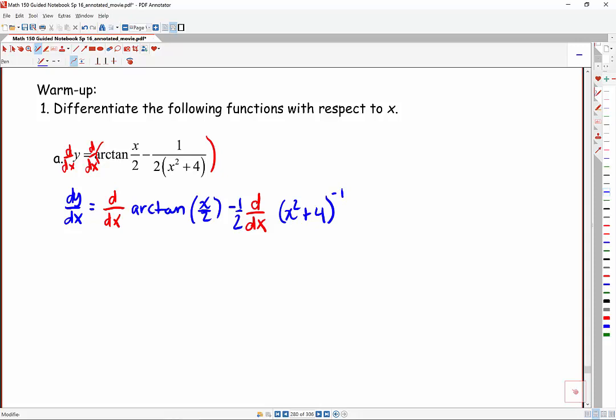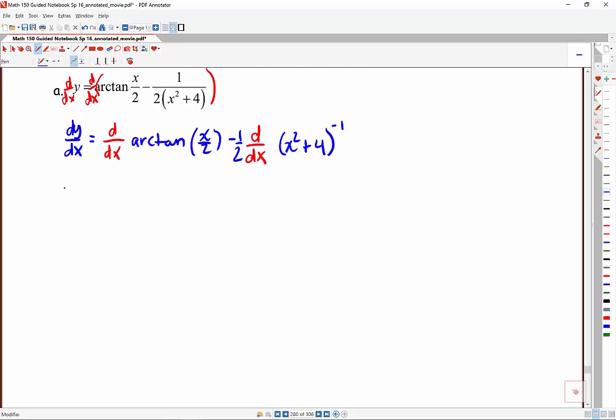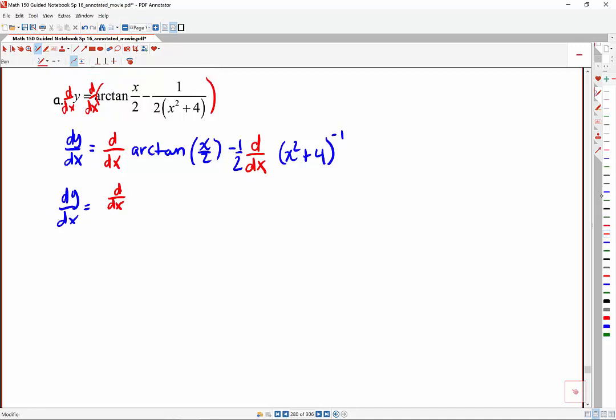Okay, so far? Awesome. So dy/dx will equal, you're going to differentiate with respect to x the inside of the arctangent, and that's all going to be over 1 plus the inside squared.